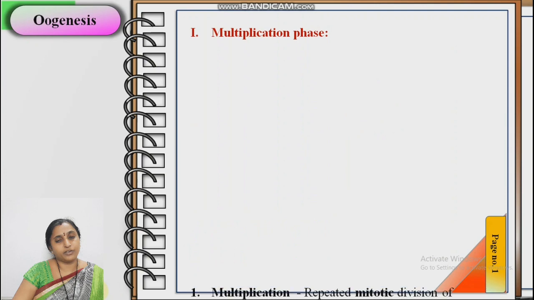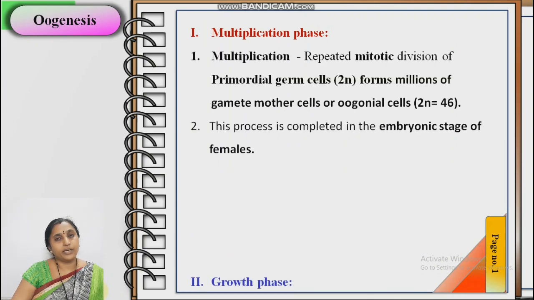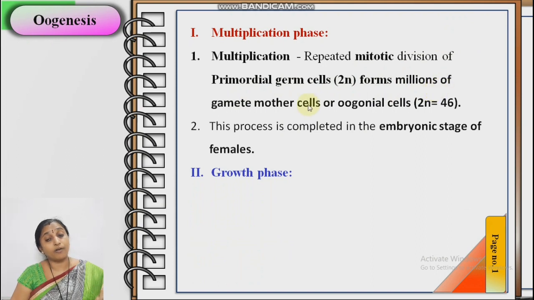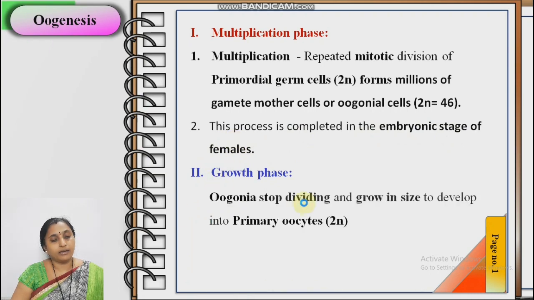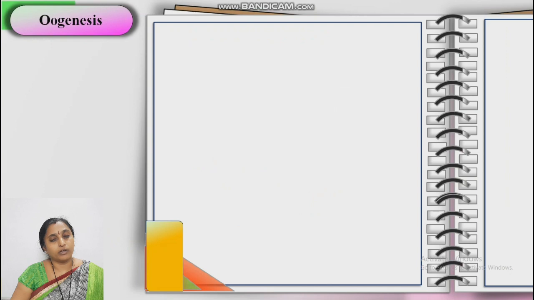Next, multiplication phase description. Repeated mitotic division of the primordial germ cells produces millions of gamete mother cells or oogonial cells, which are diploid. This process is completed in the embryonic stage of the female. I already told about this in the development of the ovary. Growth phase: oogonia stop dividing and grow into primary oocyte.